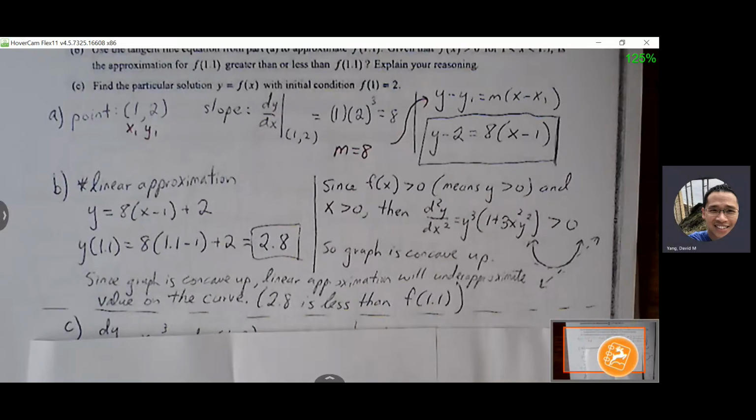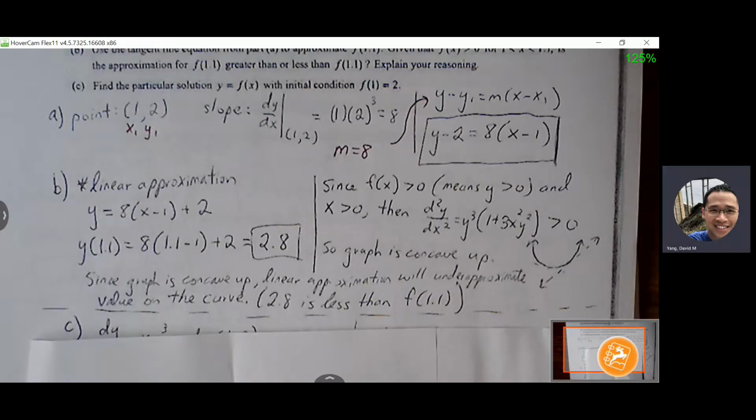Okay, part C, we're going to start doing our solving differential equation. So take your dy dx, cross multiply, and you're trying to get from dy dx back up to in terms of y. So you're trying to involve the antiderivative. Okay, so go ahead and try that.